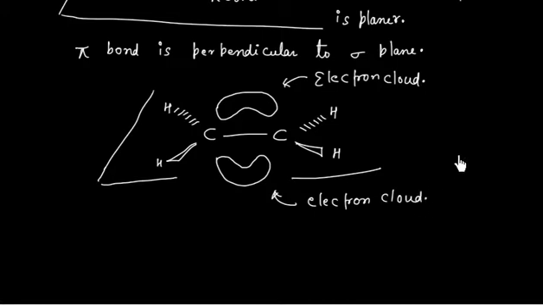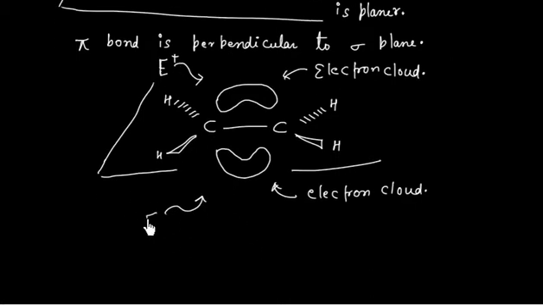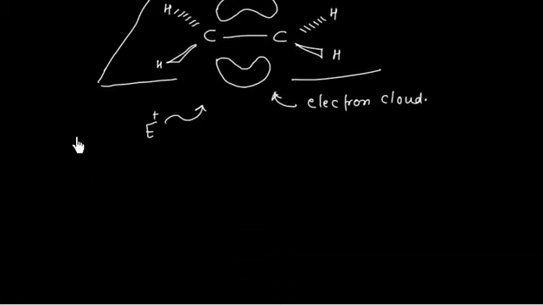So from this structure it is very clear that alkene can act as a nucleophile. This means if an electrophile comes either from the top face or from the bottom face, the electrophile can be attacked by the electron cloud of alkene. So alkene can act as a nucleophile.